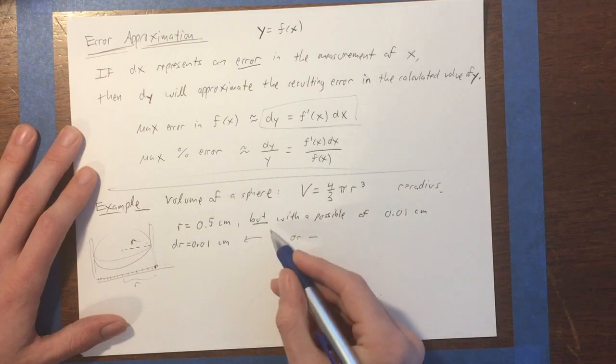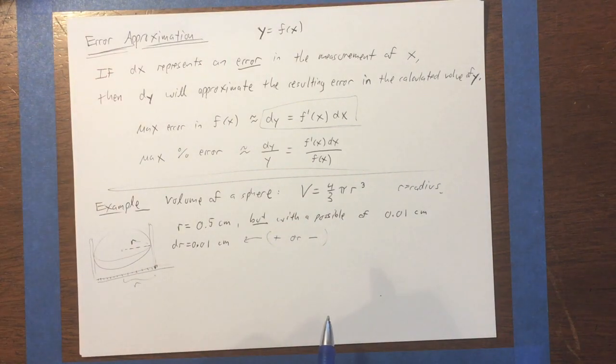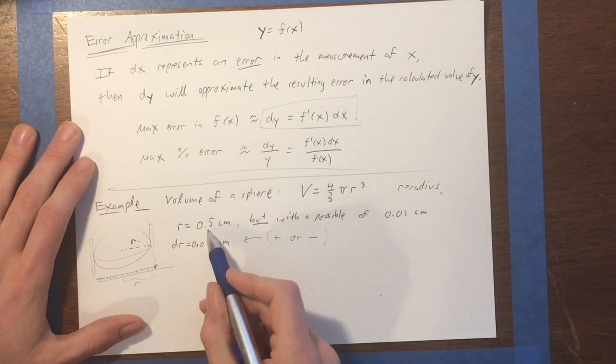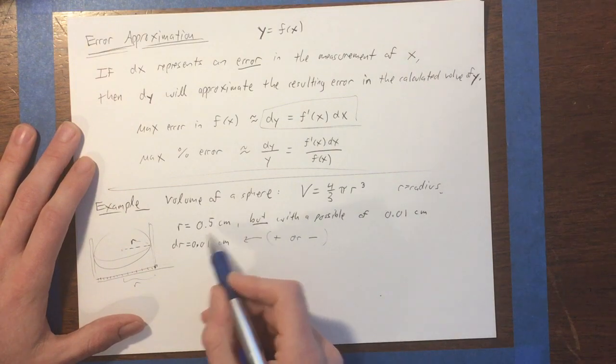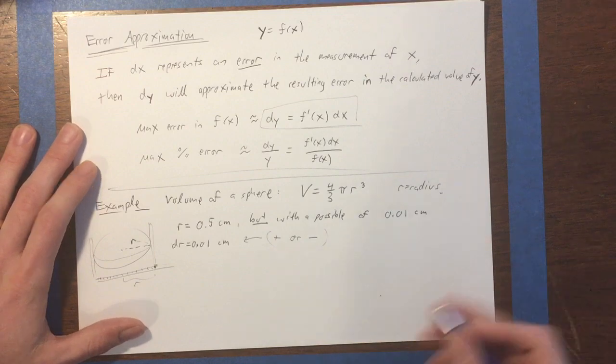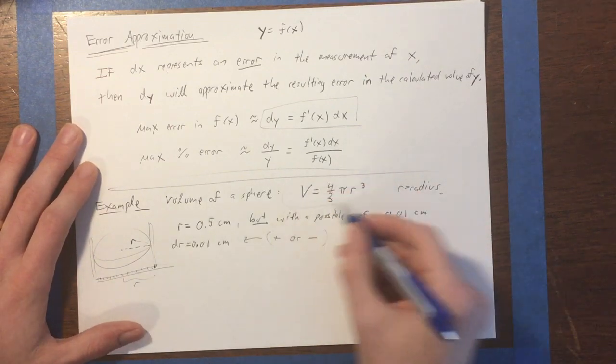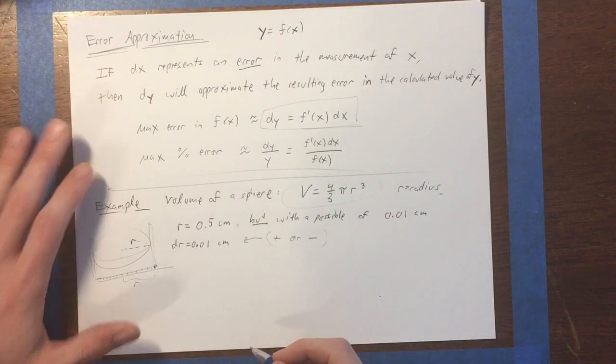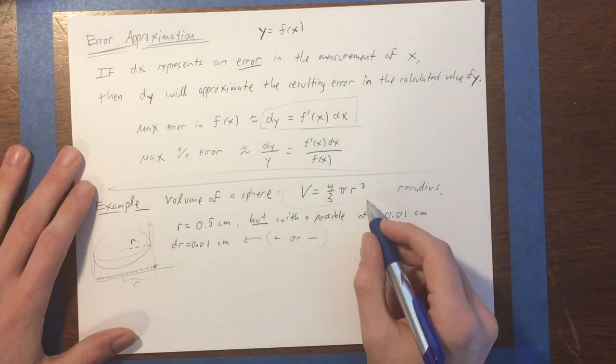What I mean by that is it could be 0.51, or it could be 0.49. It could be that we're off either above or below, too much or too little. That goes both directions. So now, if we calculate the volume right here, then that volume calculation could be off.